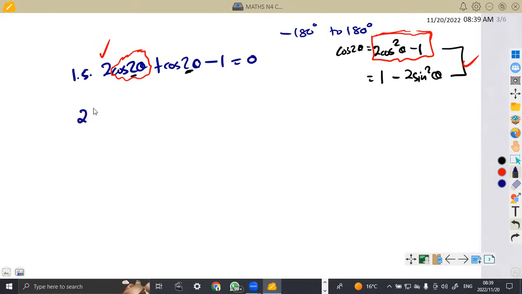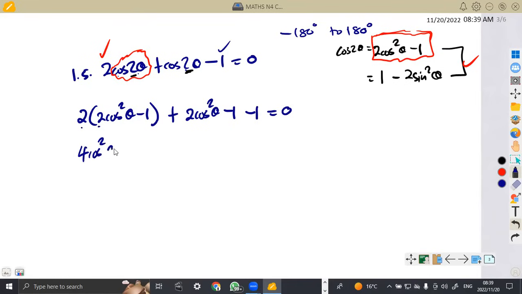So it is going to be 2 times whatever we have for cos 2 theta, which is 2 cos squared theta minus 1, plus cos 2 theta again, which is 2 cos squared theta minus 1, and there's a minus 1, which is already there, which is equal to 0. Okay, so that was it. We're supposed to expand. 2 times 2, that's 4 cos squared theta. 2 times minus 1, that's minus 2. Plus 2 cos squared theta. Minus 1, that's minus 2, is equal to 0.